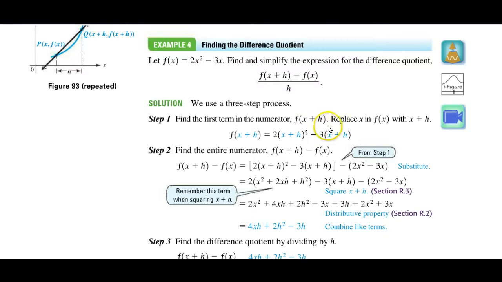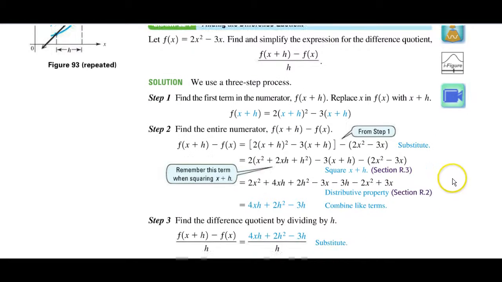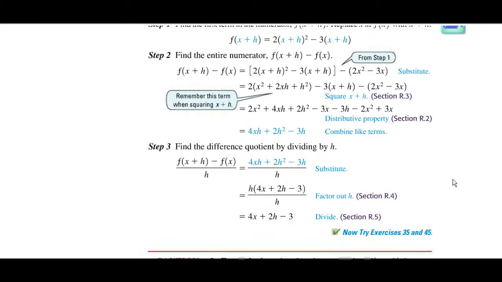So we distribute, we square this, we combine like terms. Wow, lots of stuff going on. And then we end up with this. We then put this over the letter h.